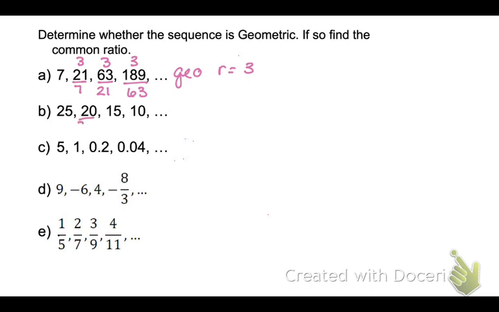So 20 divided by 25, 15 divided by 20, 10 divided by 15. I think we get 4/5 and then 3/4. Probably could stop right now, couldn't I? Is that geometric? No, it's not. Well, is it arithmetic? Yeah, it is arithmetic, isn't it?